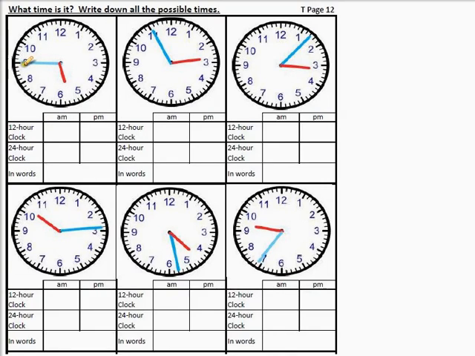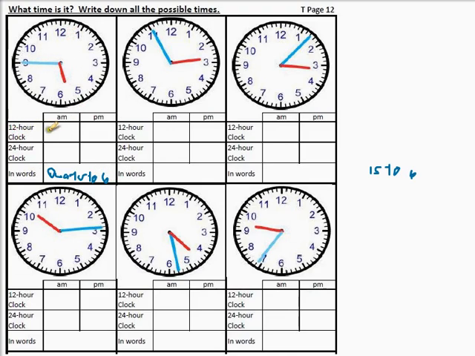In other words, it's 15 minutes until it is 6 o'clock. And we can say it's 15 to 6. Or we can say it's quarter to 6, because it is also a quarter. Quarter to 6. So that's what it is in words.